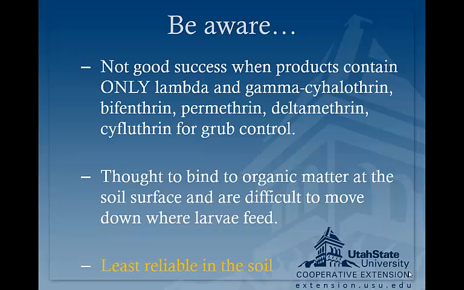Remember, these are active through contact and ingestion. It's really hard to get these products down into the soil where these bill bugs are, yet you will find these products in association with grub control in turf, partly because I think they're mostly meant to control the adult stages that are around there. They're not going to control the larval stages.